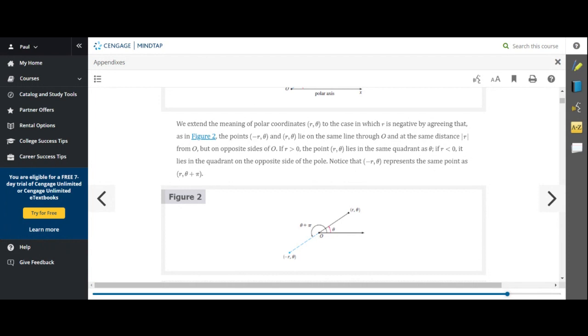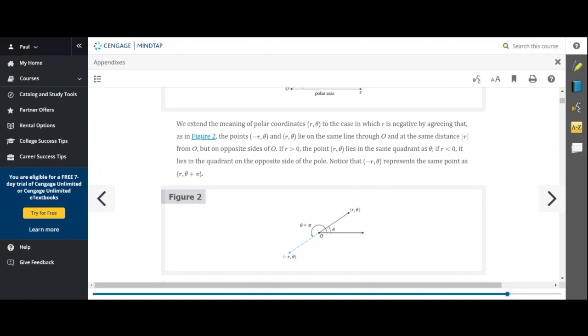Okay. Notice in the reading here, it says negative r, theta represents the same point as r, theta plus pi. So this is something also different about polar coordinates. Polar coordinates are not unique. With Cartesian coordinates, when you have a point in the xy plane, the xy coordinates for that point are unique. Only that point has those xy coordinates.